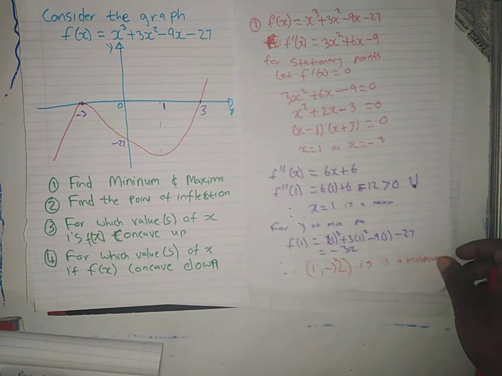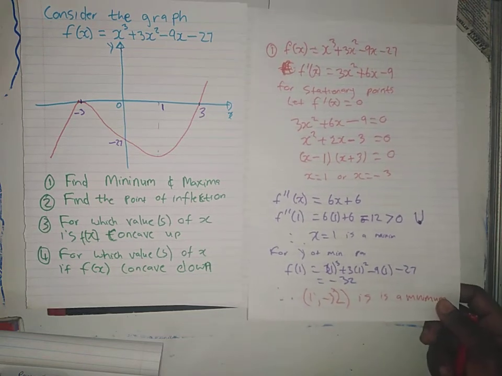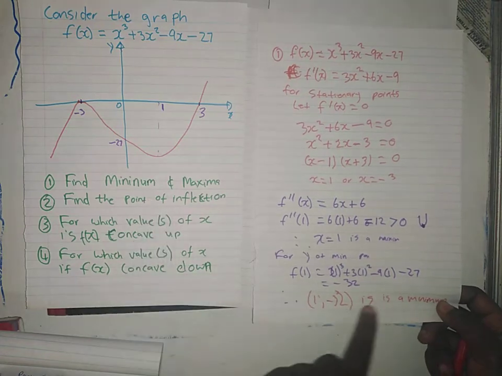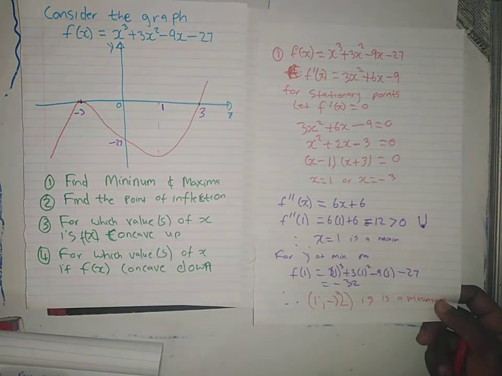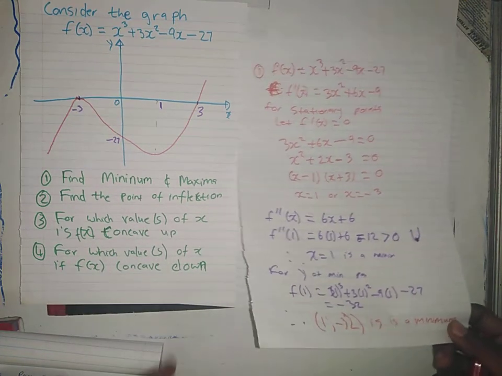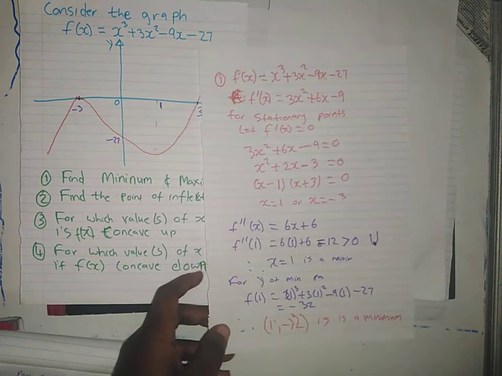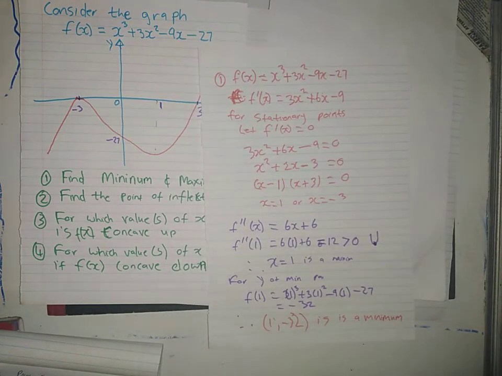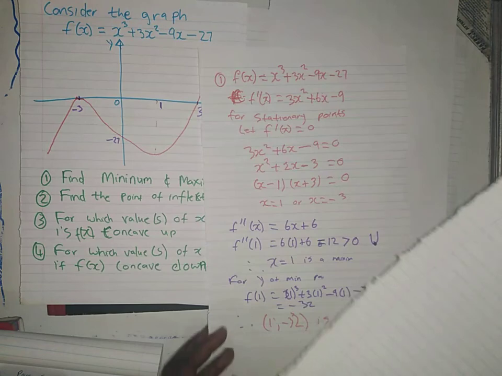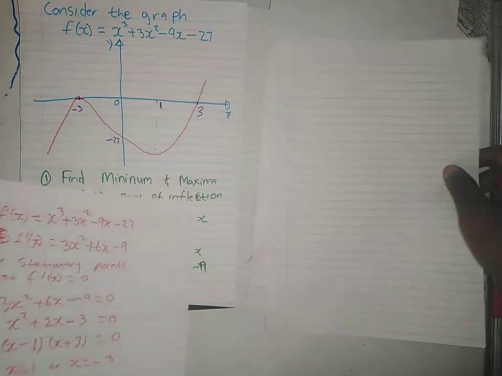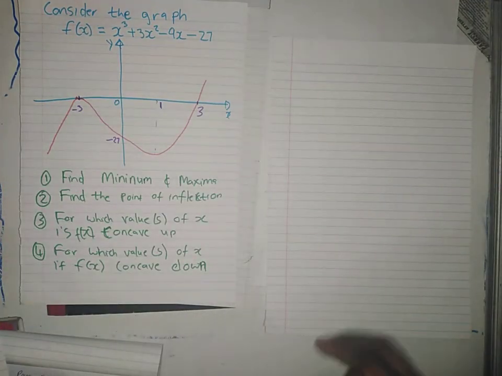And now, you've found the minimum. What about the maximum? You already know that this one is the maximum, but still you need to show that you know your story. So how do you show that? You will take this point.